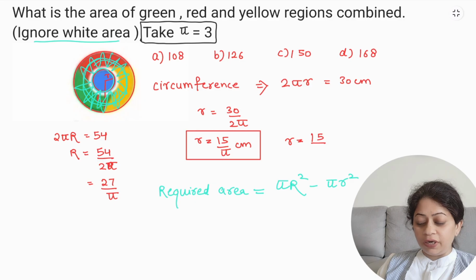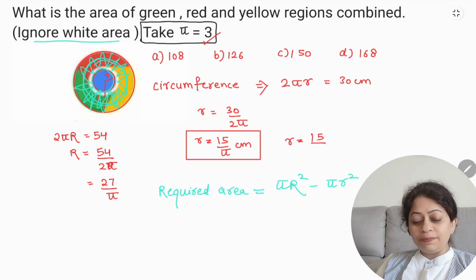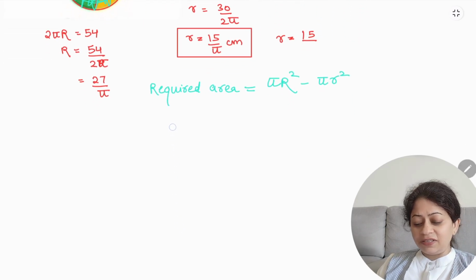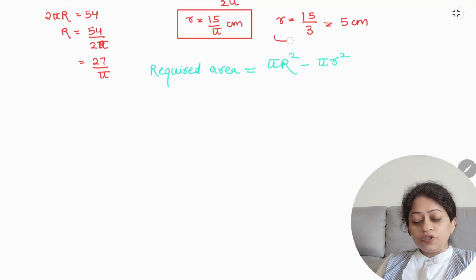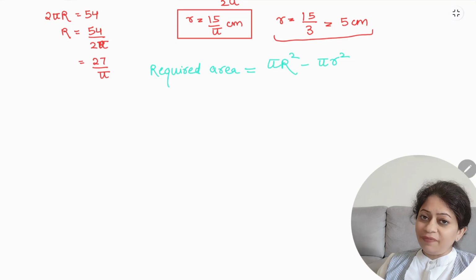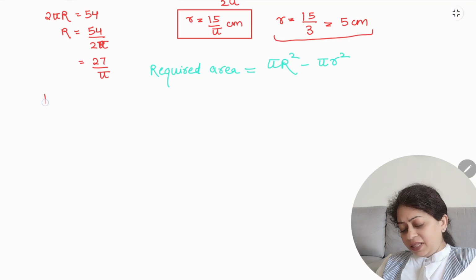Usually we take that only, but in this question it says take pi as 3. If pi is 3, r will become 15 by 3, that is 5 centimeter. So small r is nothing but 5 centimeter, right? And the capital R is 27 by 3. So capital R is 9 centimeter.